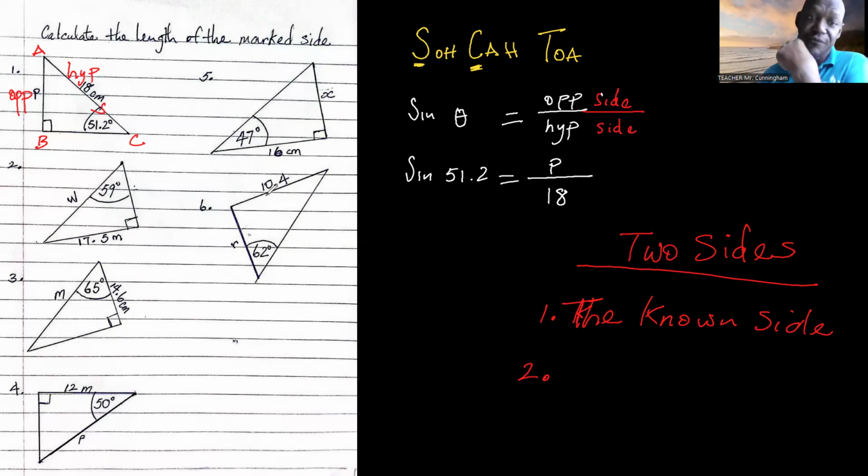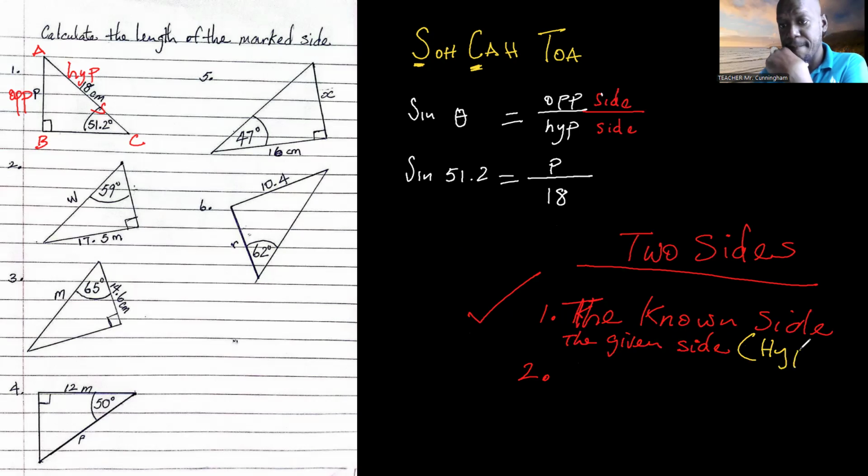So each one, for example, Andy, I want to know the side that is given. And what else? There's two sides we have to look at. The known side, and that known side actually is the hypotenuse. What else do we know?